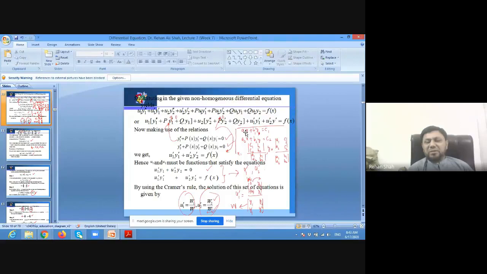If you have a system of equations a1x plus b1y equal to c1, a2x plus b2y equal to c2, how do you write the value of x? You write the determinant of the coefficient matrix in the denominator. Do you remember?